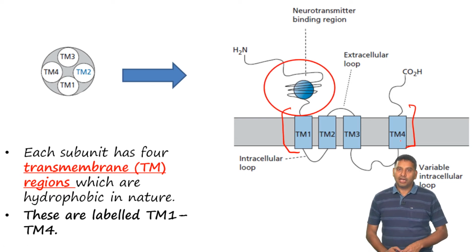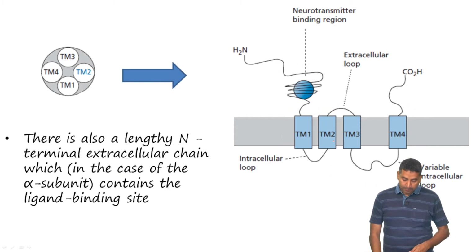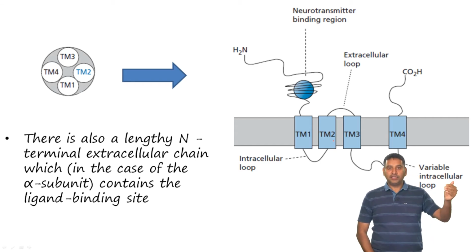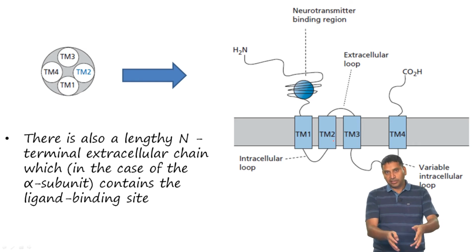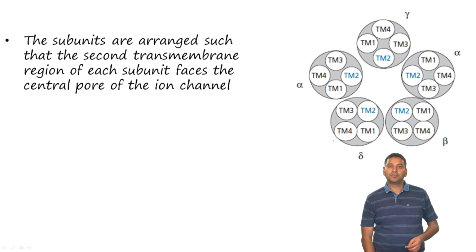They also have a neurotransmitter binding region, which is located outside, and these are the extracellular loops and these are the intracellular loops. And there is also a lengthy N-terminal extracellular chain which contains the ligand binding site, which I have already described just now.